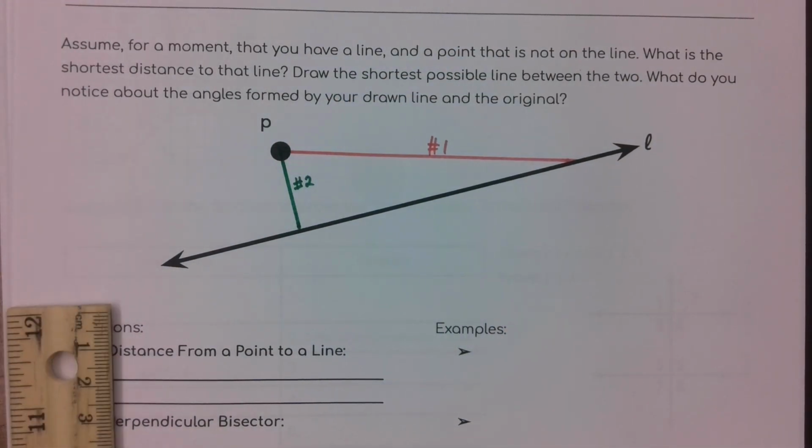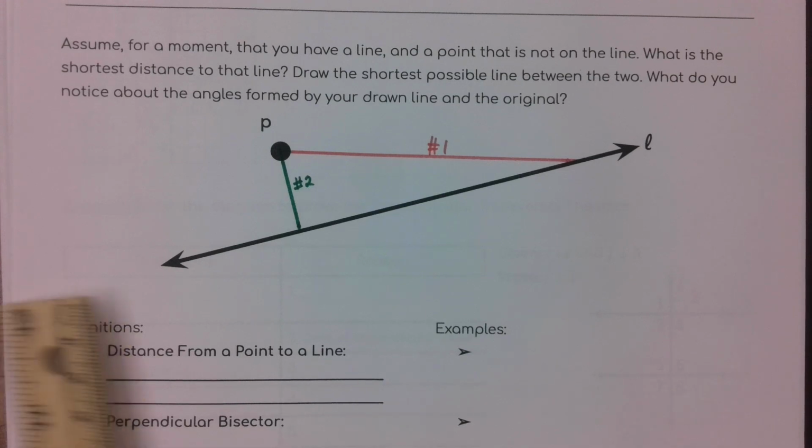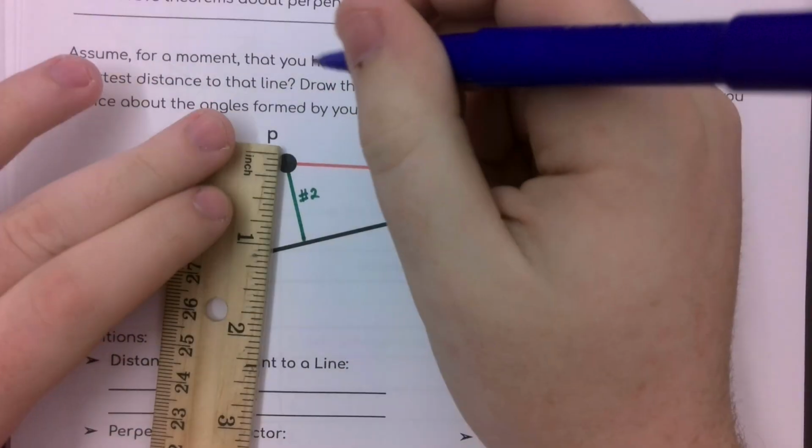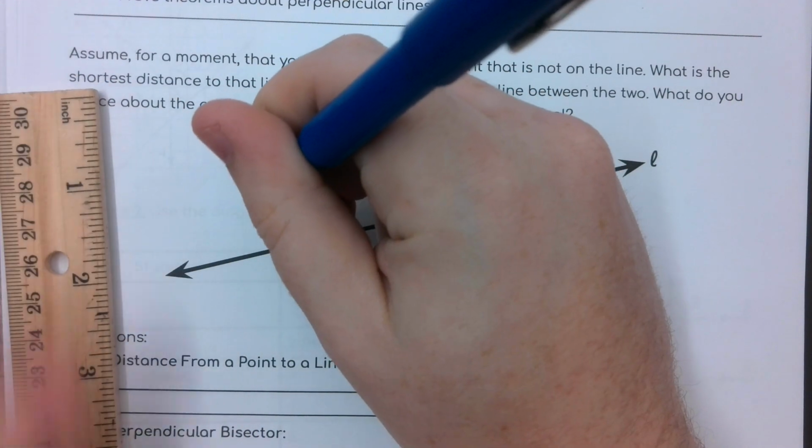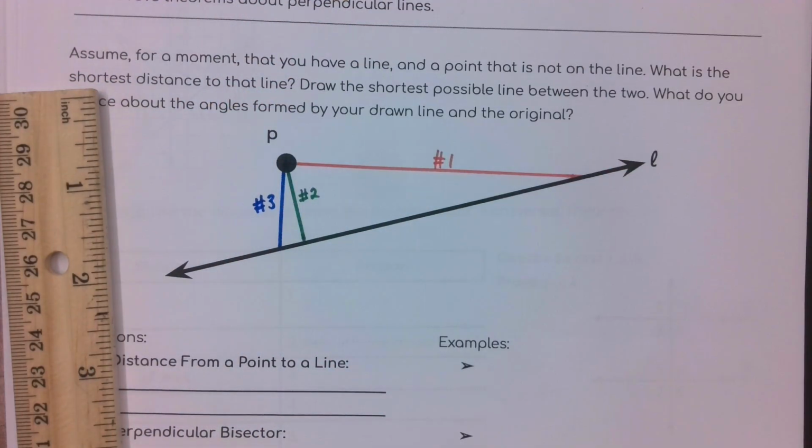And another choice will be going straight down from the point to the line with this blue line. Number 3. And the question is, which of these is the shortest?